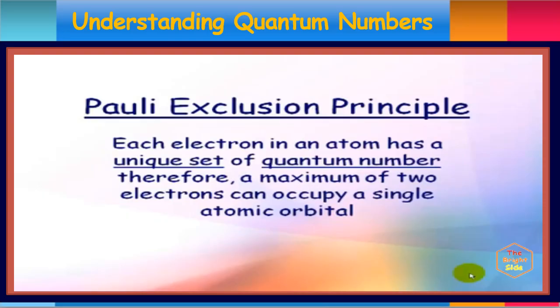Therefore, a maximum of 2 electrons can occupy a single atomic orbital. Now you're going to continue on with this lesson by viewing the Bergman-Sams video of orbitals, and they go into more detail and description of how orbitals overlap and build upon each other in an atom's electron cloud.